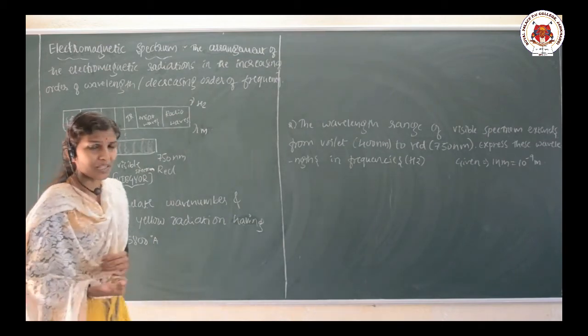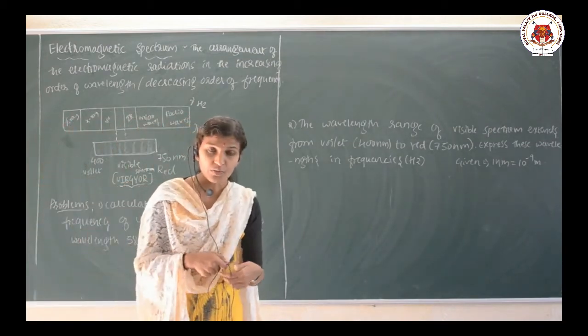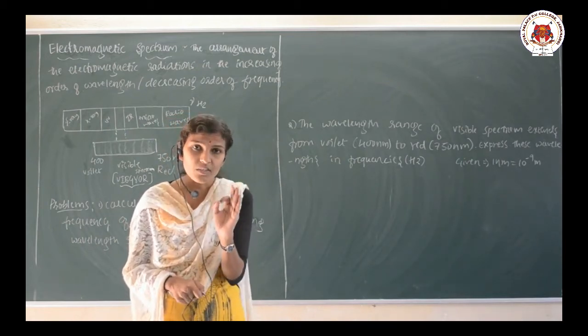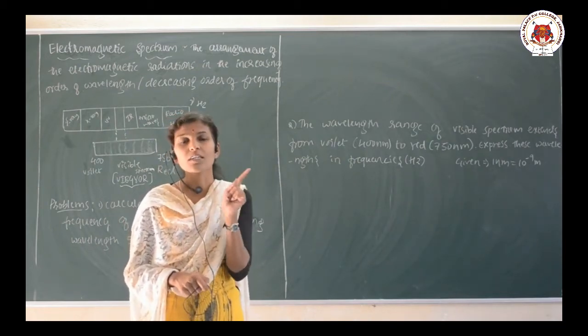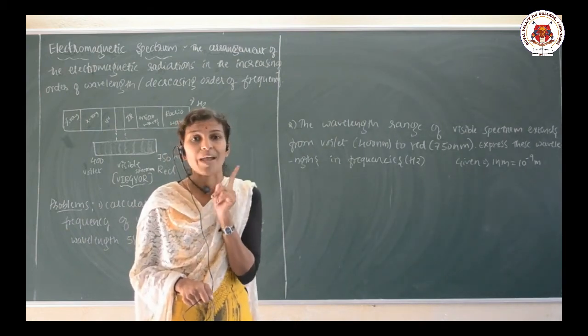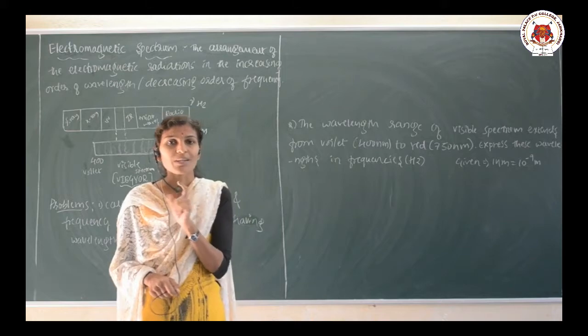So, what is the electromagnetic spectrum? The arrangement of the different types of electromagnetic radiations in the increasing order of their wavelength or in the decreasing order of their frequency is called the electromagnetic spectrum.